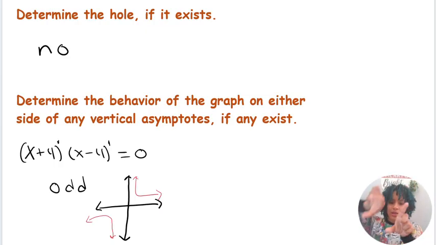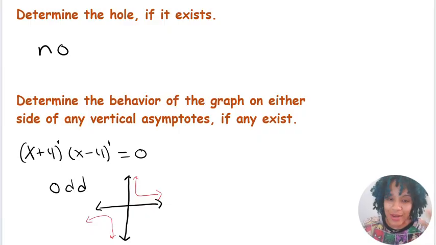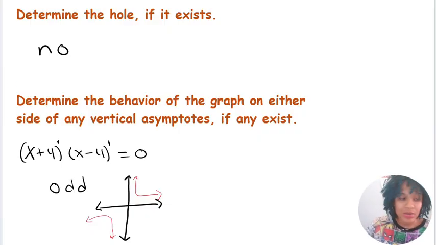So the graph will approach positive infinity on one side of the vertical asymptote and negative infinity on the other side.